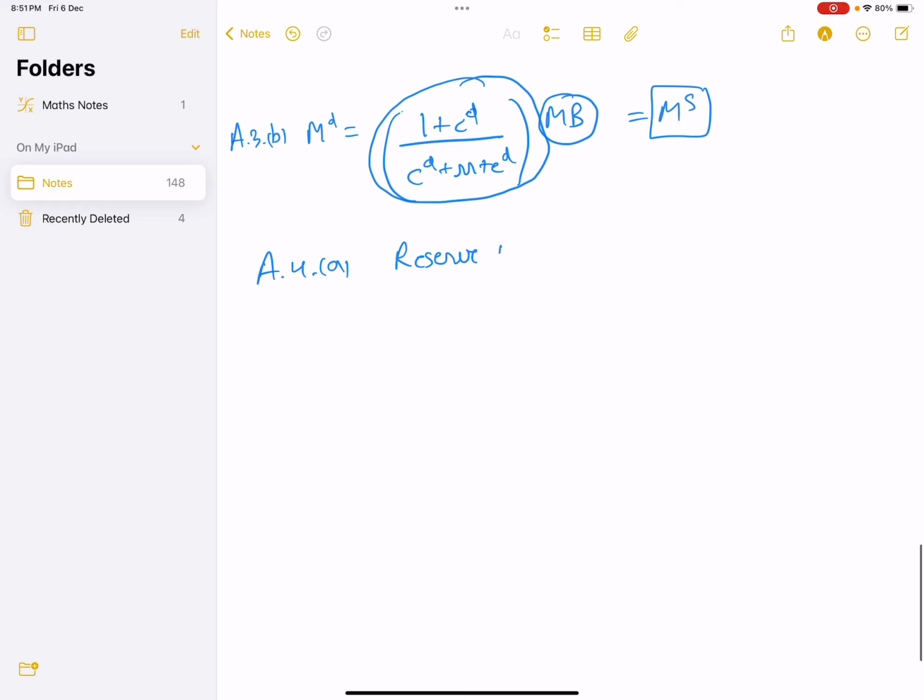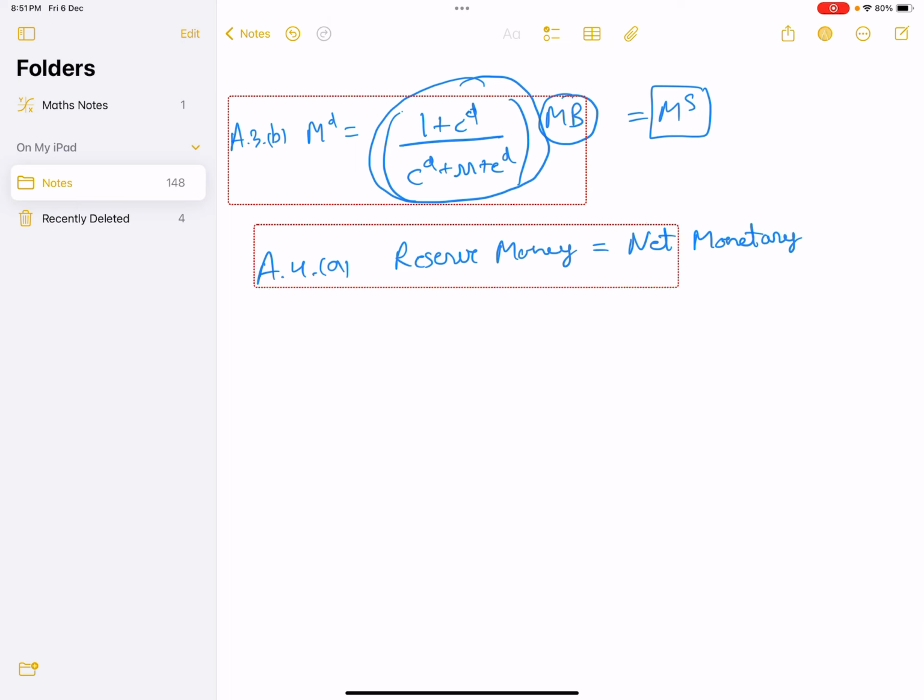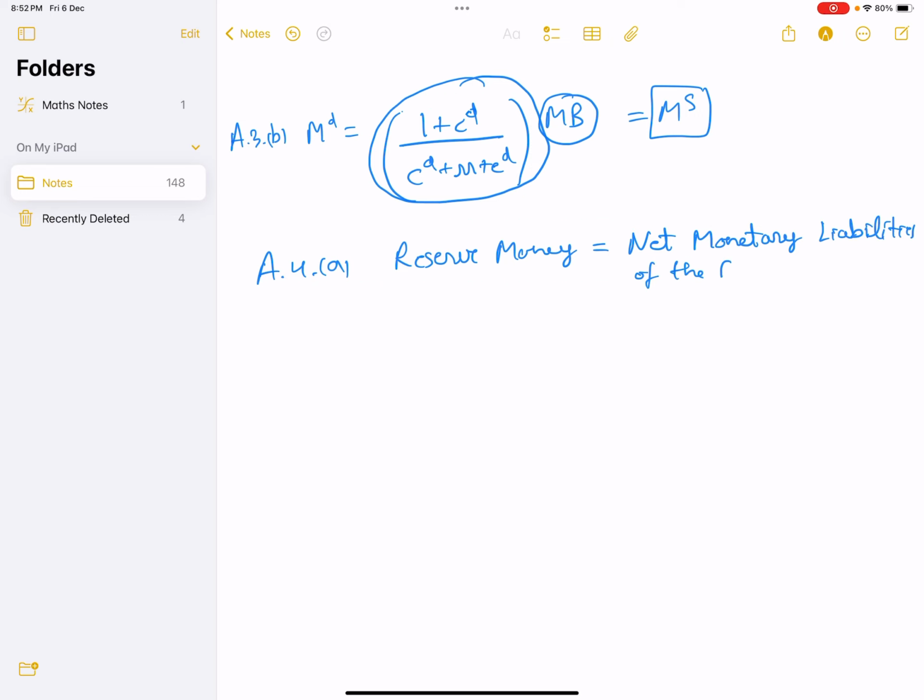Reserve money is nothing but net monetary liabilities of the central bank. But if we are talking from the asset side, reserve money equals net RBI credit.